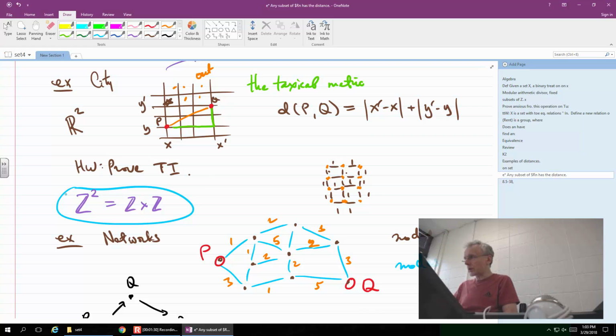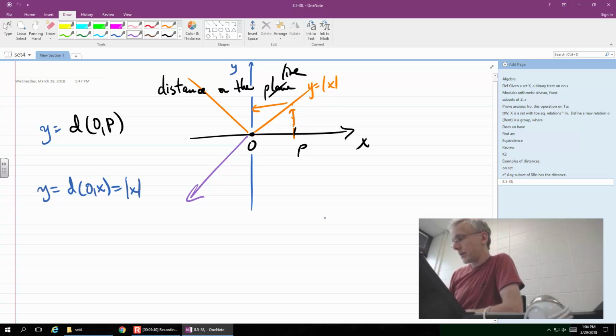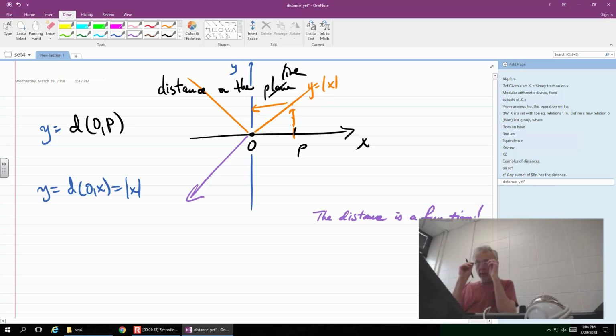Okay, so the abstraction now: what we started doing last time was looking at the distances as functions. The distance is a function. To begin with, as you can see, we write d(p,q), which already indicates that you have two variables.